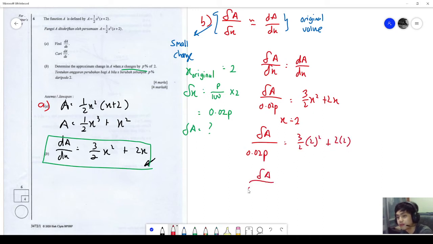So delta A over 0.02p equals 3 over 2 times 4 plus 4, which equals 10. So the approximate change of A is simply 0.2p when we cross multiply. And this question is done.